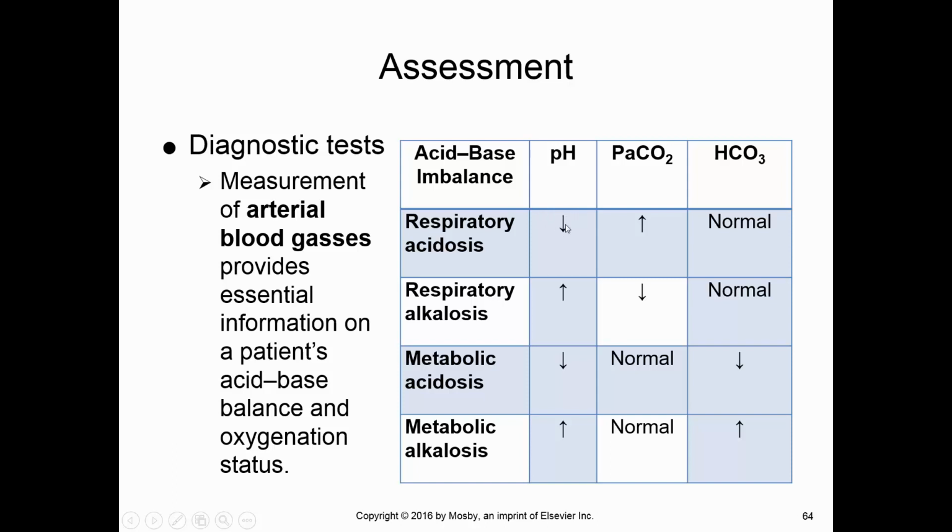If we have an acidosis, that will be the same if it's a respiratory acidosis or if it's a metabolic acidosis. So one, we want to find out, do we have an acidosis or an alkalosis? If we have an alkalosis, our pH is going to be high. So first you determine that. Is it acidosis or is it alkalosis? Okay. Then you look at your PCO2.